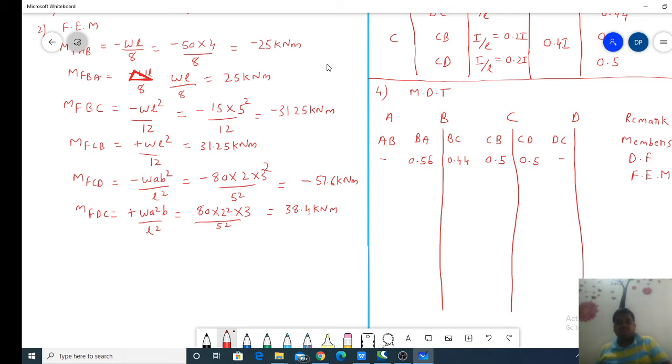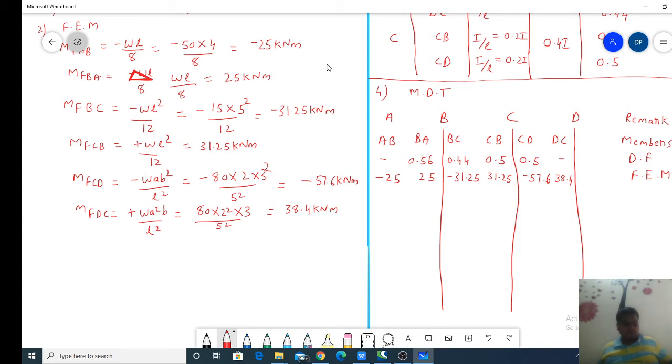For AB this is minus 25, this is plus 25, this is minus 31.25, and for CB this is 31.25. For CD this is minus 57.6, and this is 38.4. These are the fixed end moments.